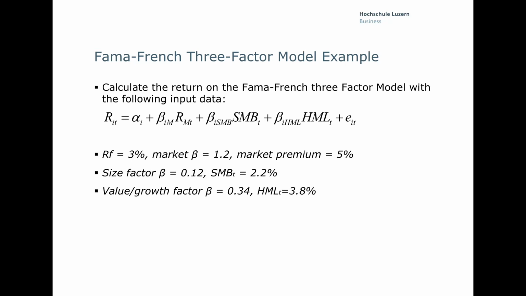Now, as we have previously seen, using this formula and given the following input data, with a risk-free rate of 3%, a market beta of 1.2 and a market premium of 5%, adding as well the size factor beta of 0.12 and the SMB equal to 2.2%, and the last addition is the value-growth factor beta equal to 0.34 and HML equal to 3.8%. The result is 10.56%.